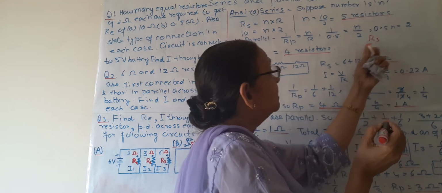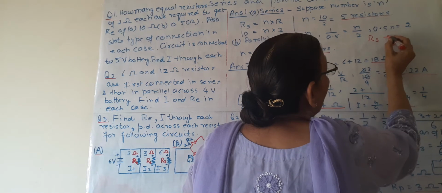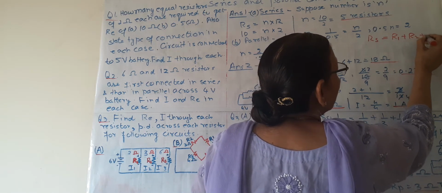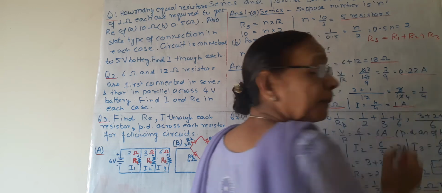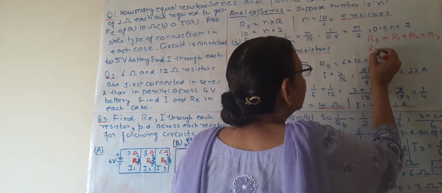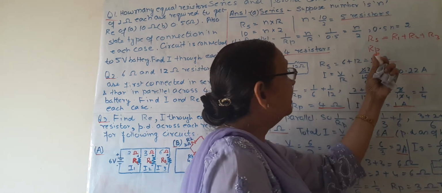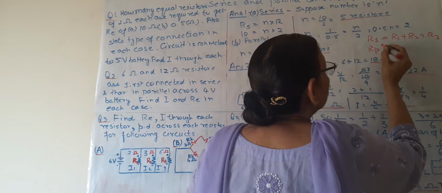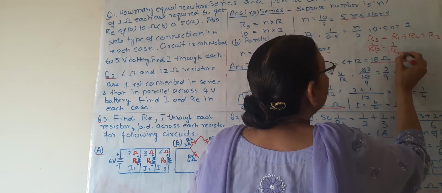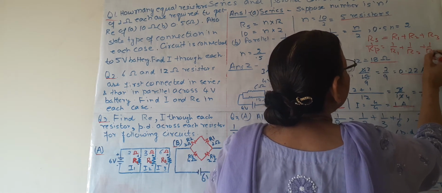Total resistance in series or effective resistance in series, RS, is equal to R1 plus R2 plus R3. All of you know that. And the total resistance in parallel or effective resistance in parallel, 1 by Rp is equal to 1 by R1 plus 1 by R2 plus 1 by R3.